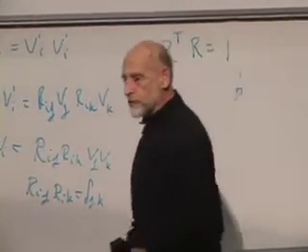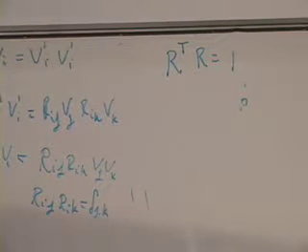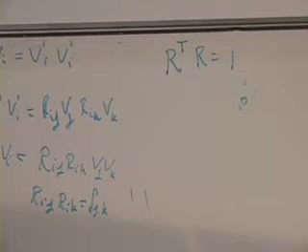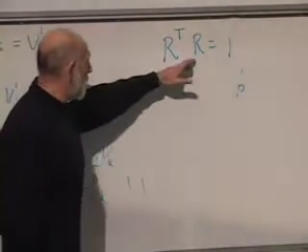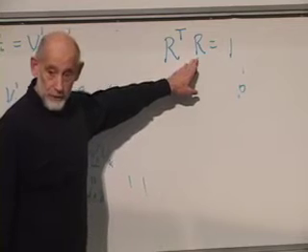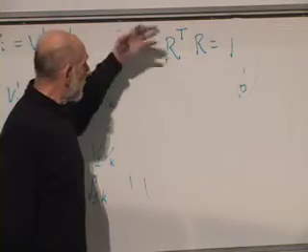Does everybody remember what transpose is? Transpose is just interchanging rows and columns. R transpose R is equal to 1. And now we immediately know what the inverse of any rotation matrix is. It's just the transpose. Okay?